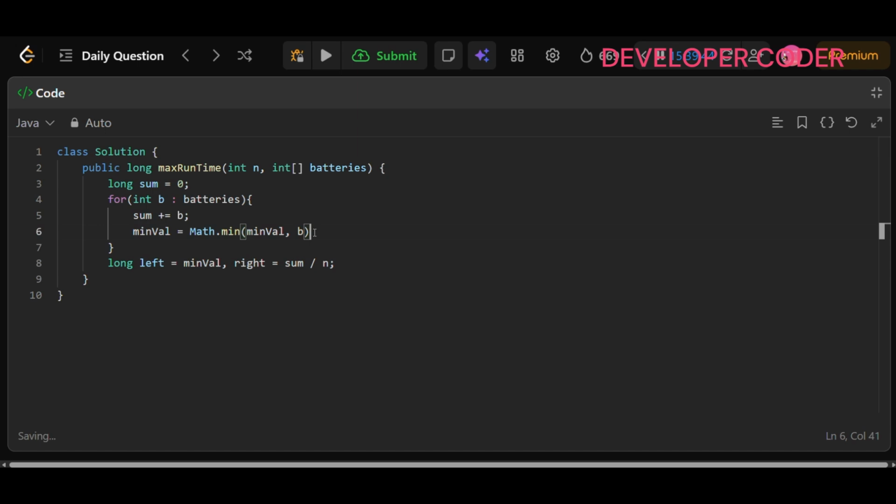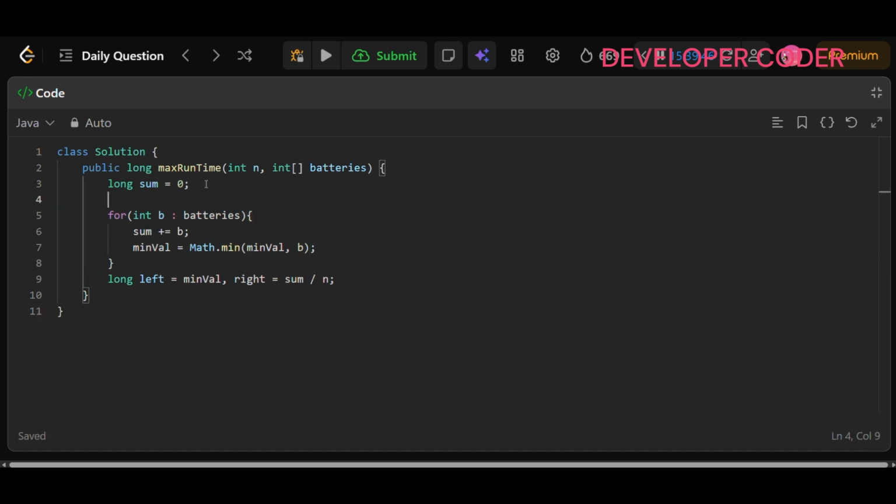This is how you can do it. And you have to create one value, min val equal to Integer.MAX_VALUE. If you don't want to take 0, then you can try using this. Both will work actually, okay?